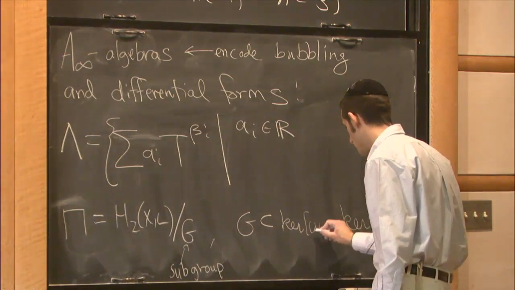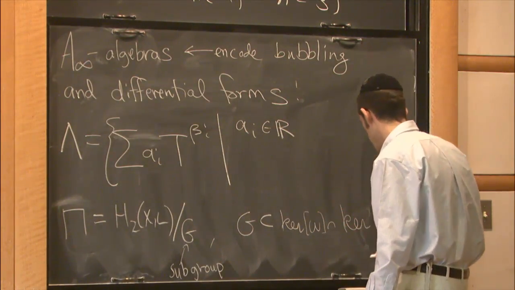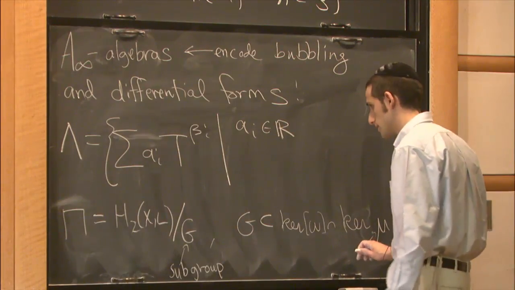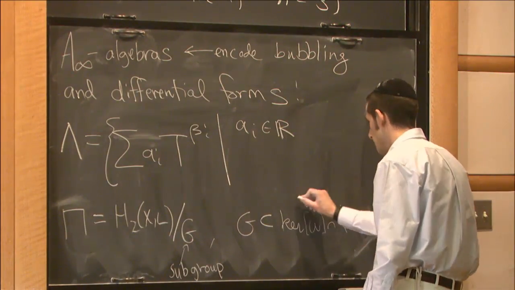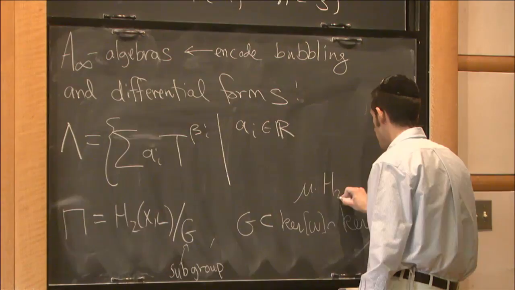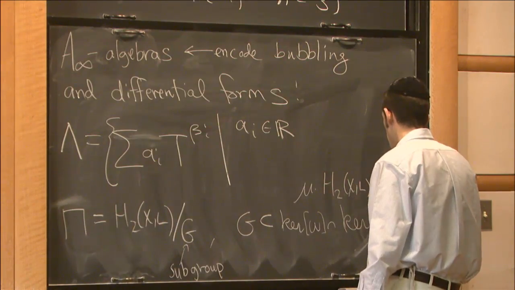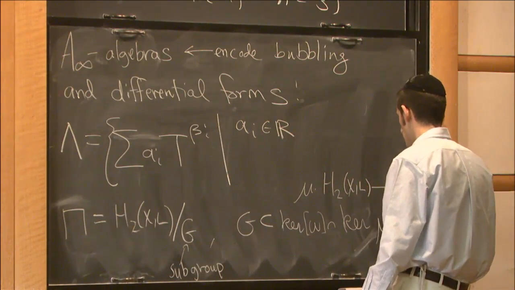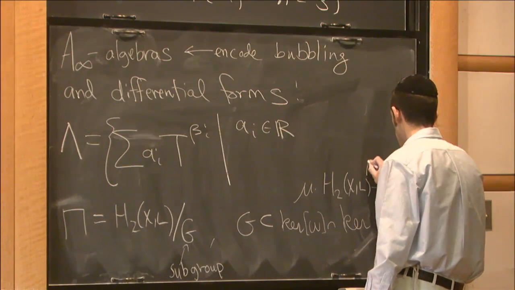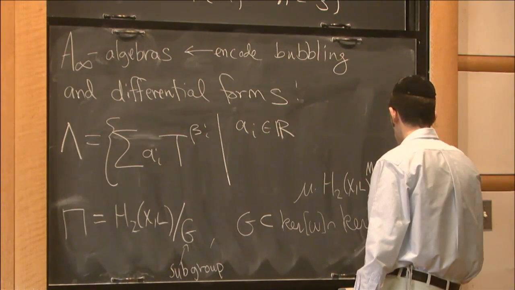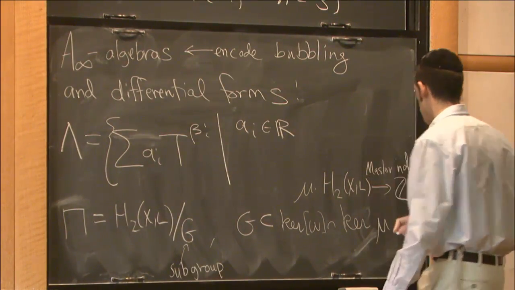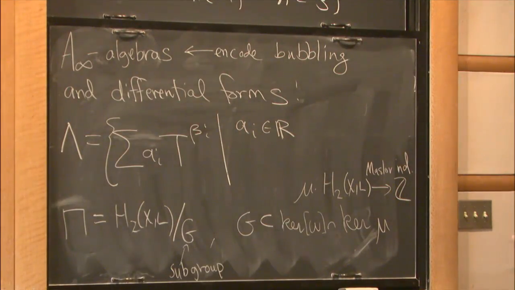Here mu from H_2(X, L) to Z is the Maslov index.